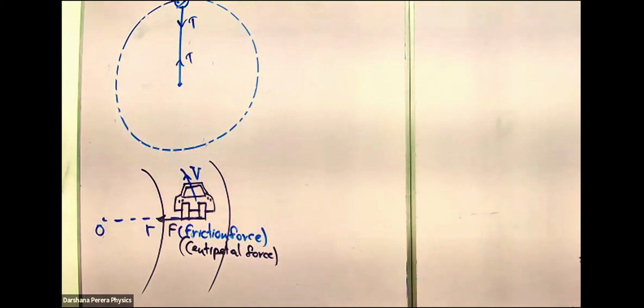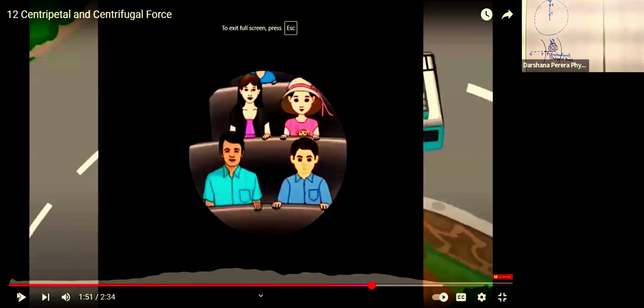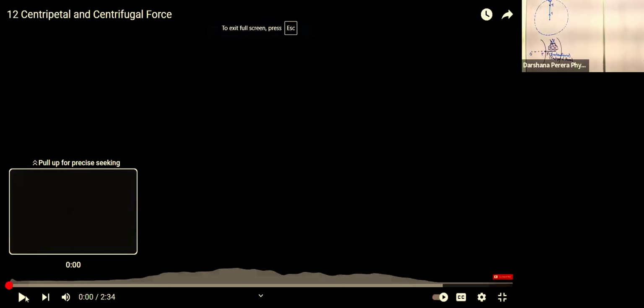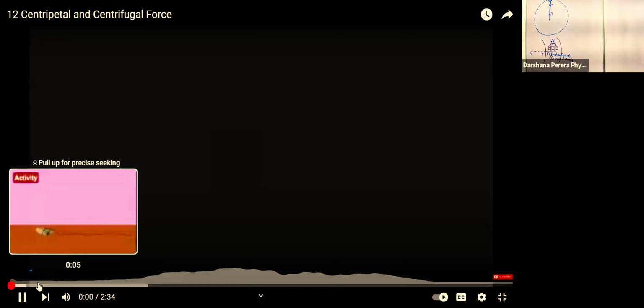This is a string. When it is rotating, the centripetal force is provided by the tension.